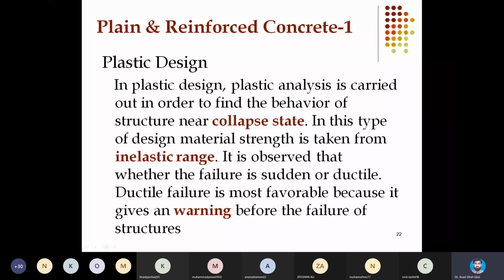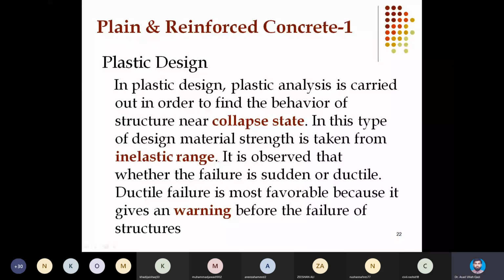In this type of design, material strength is taken from inelastic range. So not only the analysis is inelastic, design is also in the inelastic range. So that is the reason it is more economical.